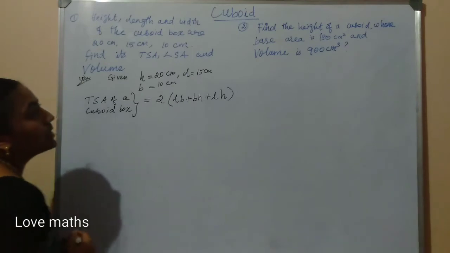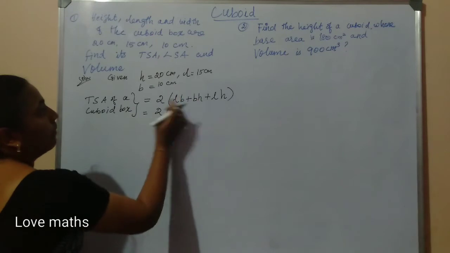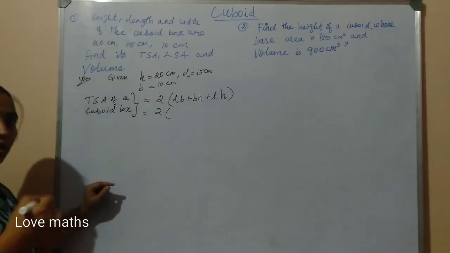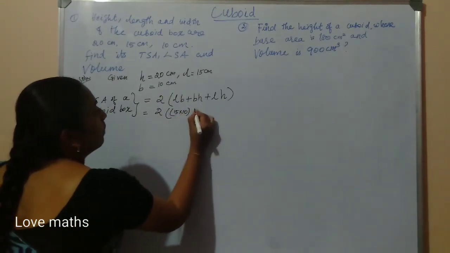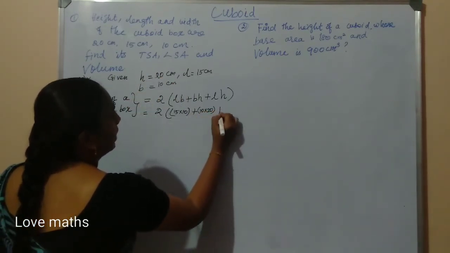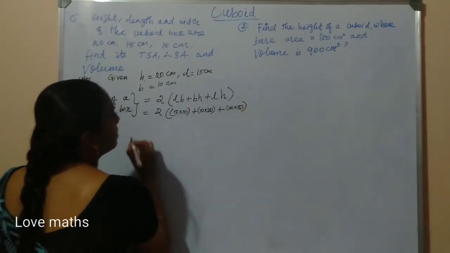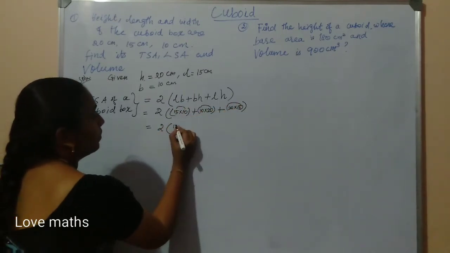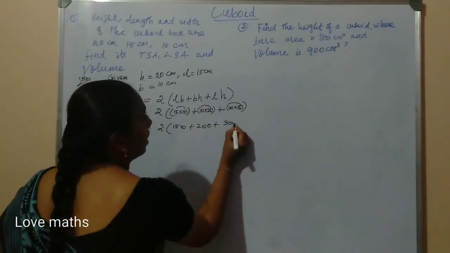So you have to substitute: 2 into, what is L, what is B, LB means L into B. So you just write 15 into 10 plus BH, B and H, 10 into 20, next LH, 20 into 15. Next, 2 into, multiply these: 150 plus 200 plus 300.